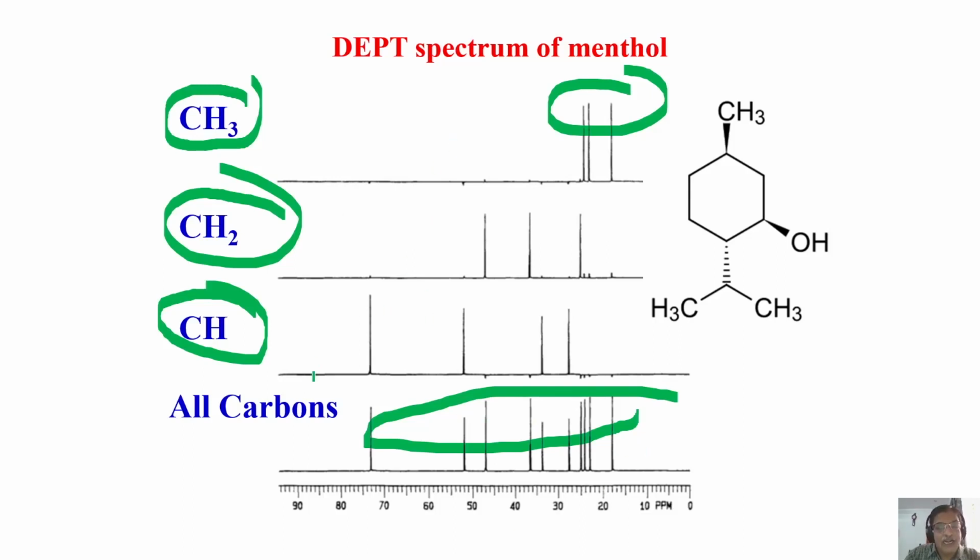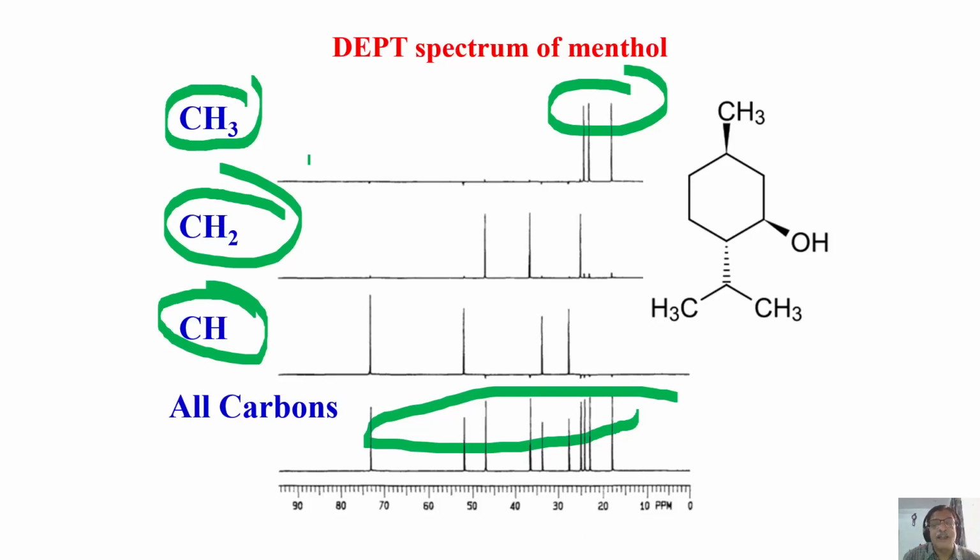Then you can add up CH and CH3 and then scale it, subtract from this, you get only CH2 only spectrum. Like that, you can play with the scaling factor, do addition and subtraction of these DEPT spectra of different flip angles. You can manage to get only CH carbon, CH3 carbon, CH2 carbon spectra individually.